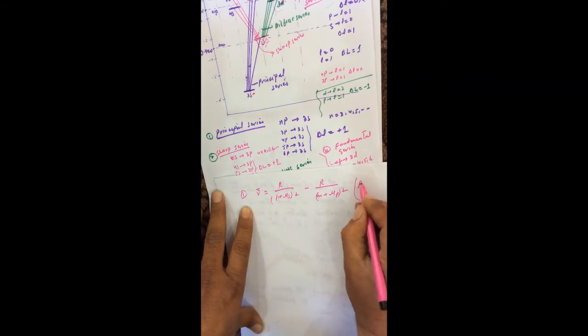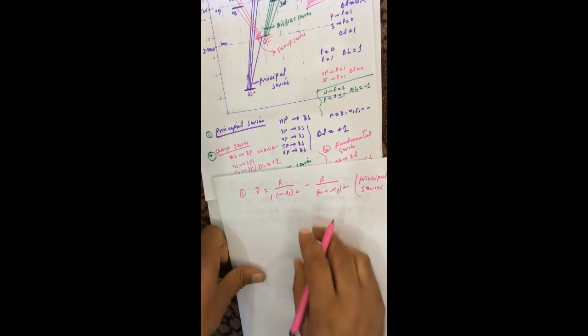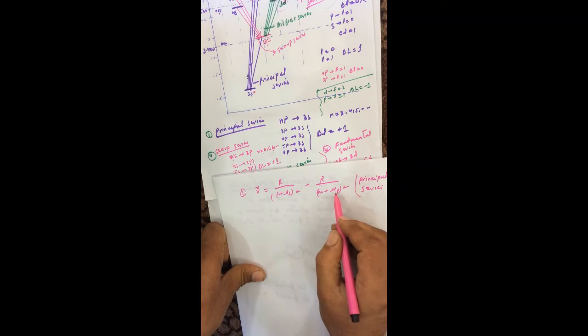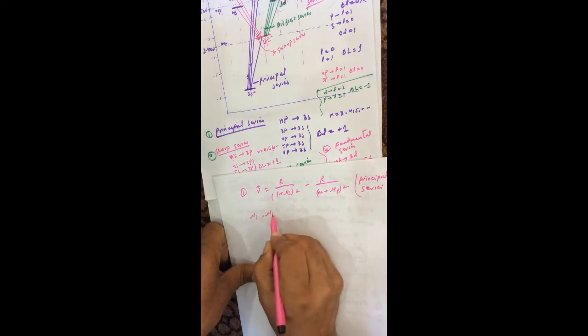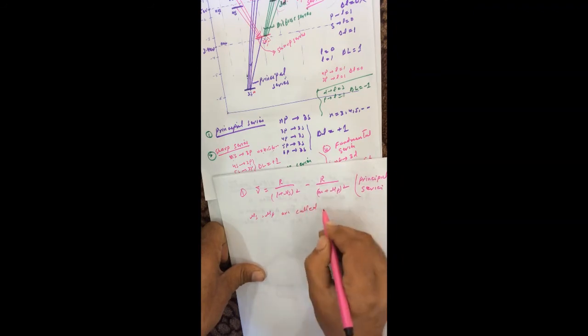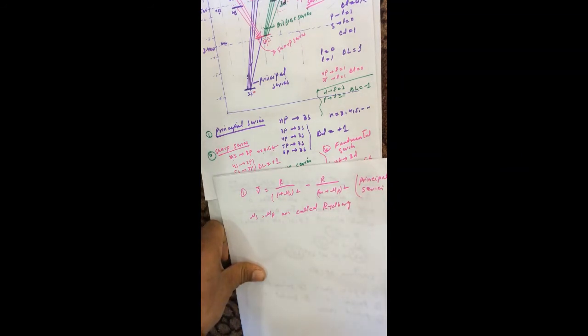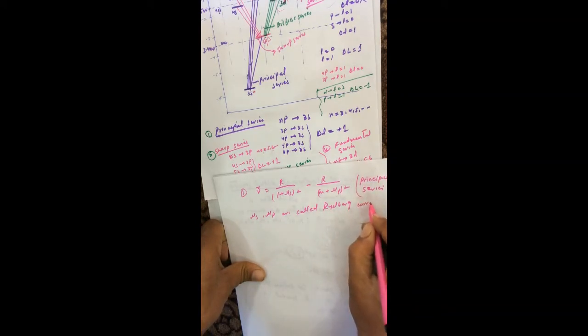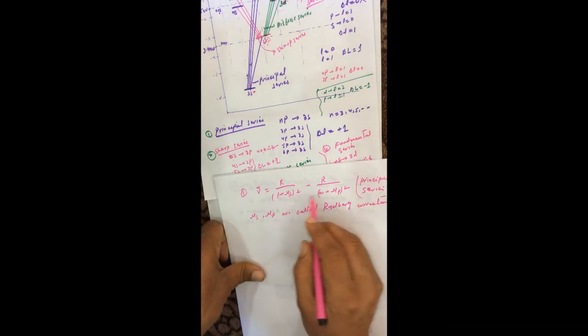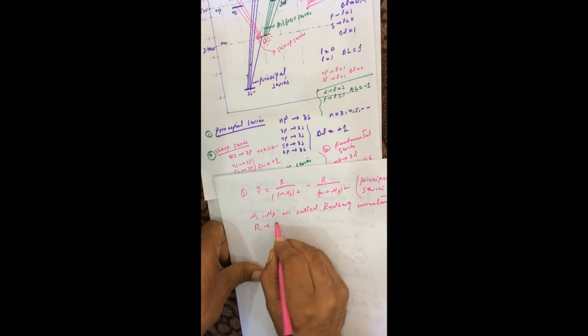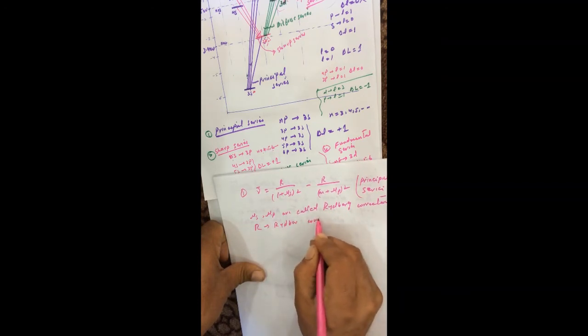Here mu s and mu p are called Rydberg corrections, and R is the Rydberg constant.